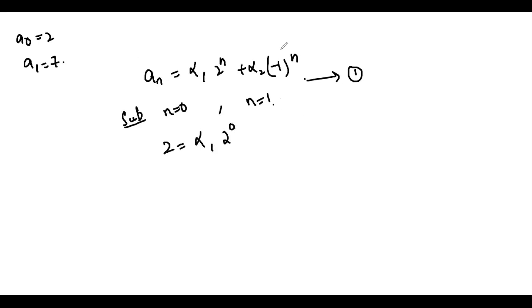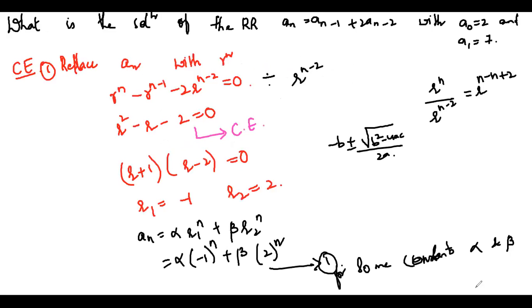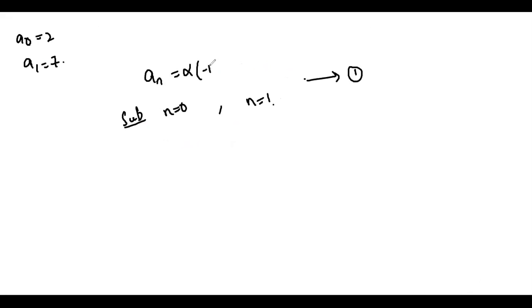Oh, I'm sorry, let me just replace it with alpha and beta, since I usually use that. So a_n is equal to, let me write it from here, alpha into (-1)^n plus beta into 2^n.